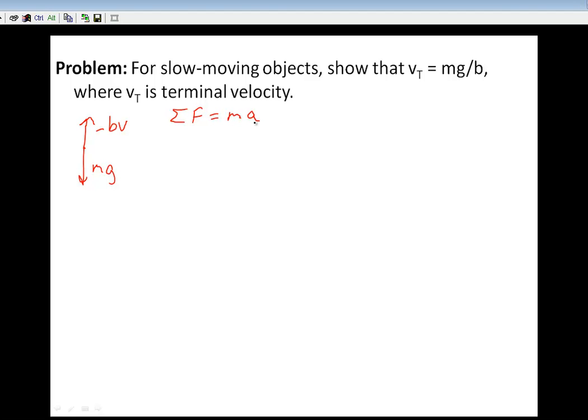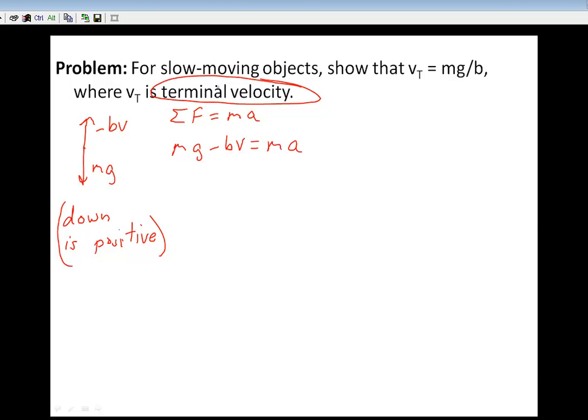Remember, downward, and we can call downward positive. A lot of times they use the downward direction as positive, and that's okay. Then we say mg minus bv is equal to ma. But when it gets to terminal velocity, what's the really important thing that happens?